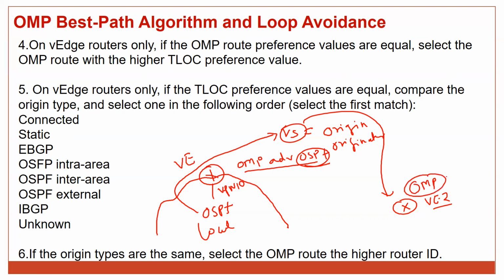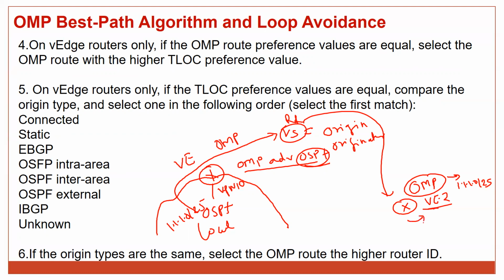But suppose 11.1.1.0/25, vEdge 2 is learning via OMP, which was advertised under OSPF. So from OSPF going inside OMP, vSmart, since it is a route reflector, sends that route to the other side, the vEdge router.